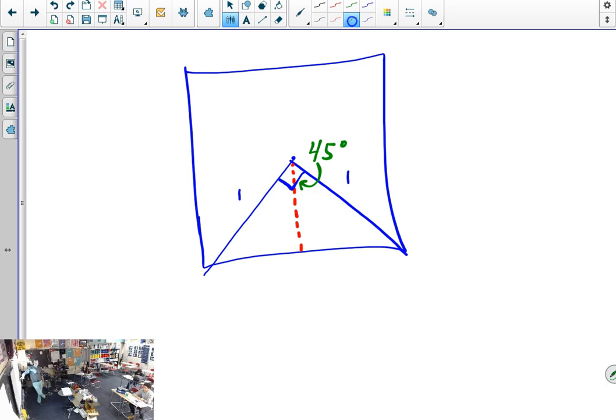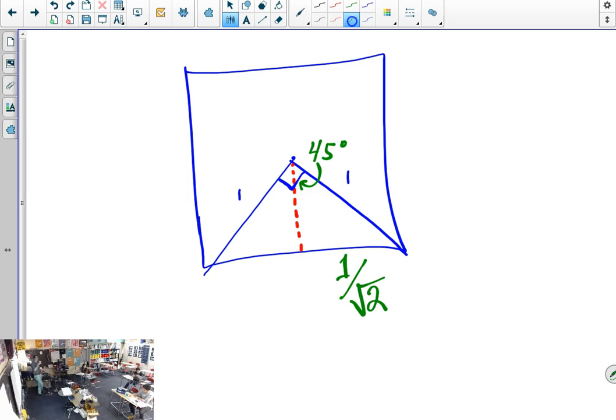When you go back and check your work, ask yourself questions to drive you to figuring out where your mistake was. Radical 2 is still approximately 1.4. What number times itself makes 2? It still has to be bigger than 1. So we have to divide to get to the leg. Be real careful with special right triangle rules.